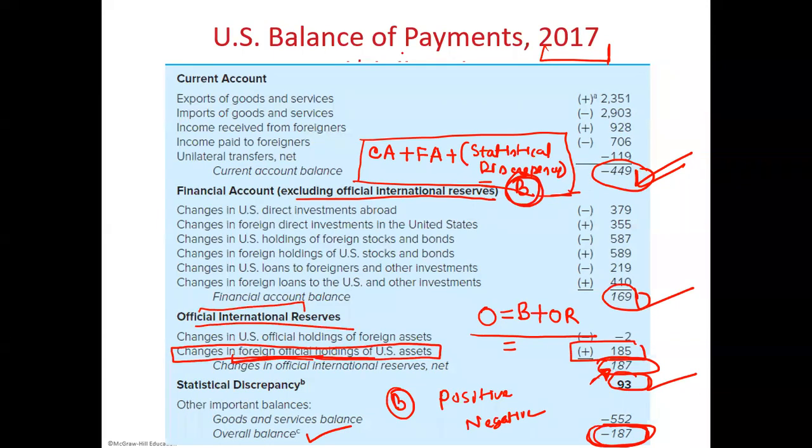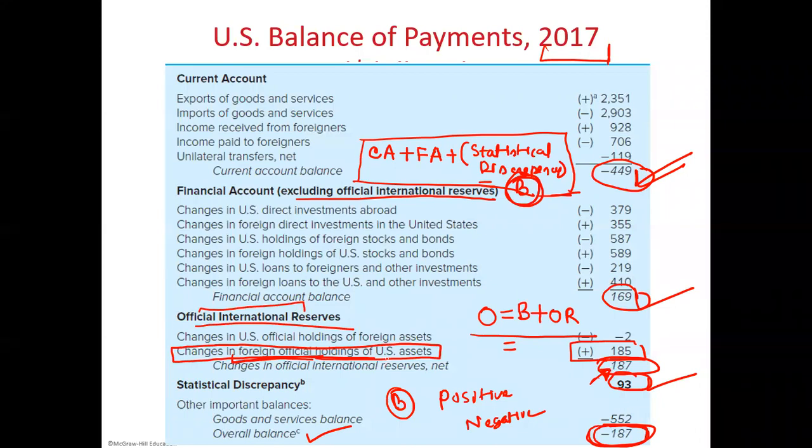Okay, so this is one way we can make financing. Foreigners need to increase holdings of our assets. Here US means our, if we look from the US perspective.